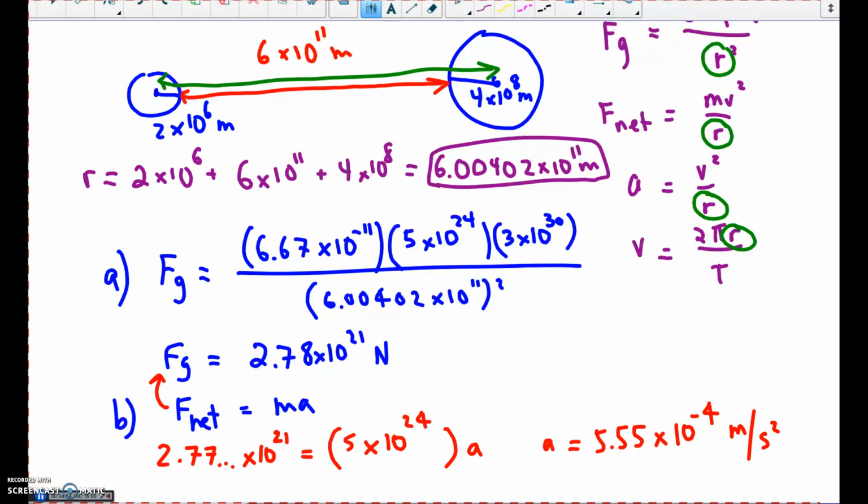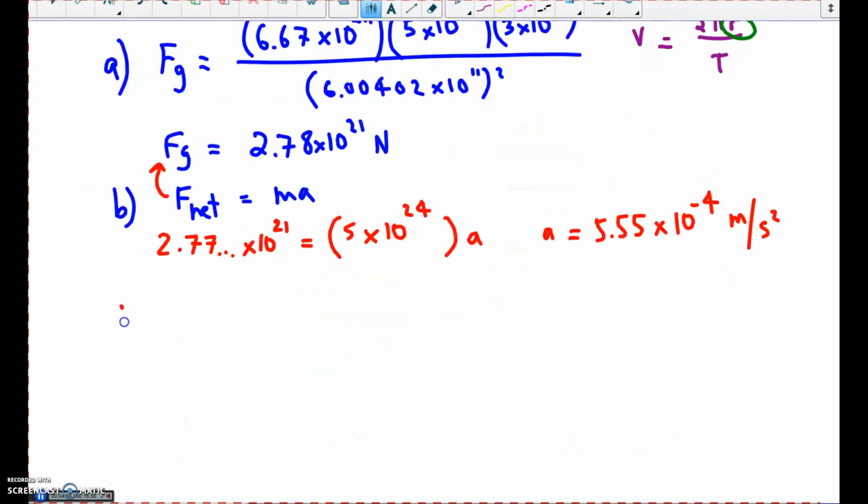In part C, we are asked to calculate the speed. If we know acceleration and we know r, we can find speed. I'm going to isolate v first, so I'm going to get it by itself. First I multiply both sides by r, then I square root both sides.